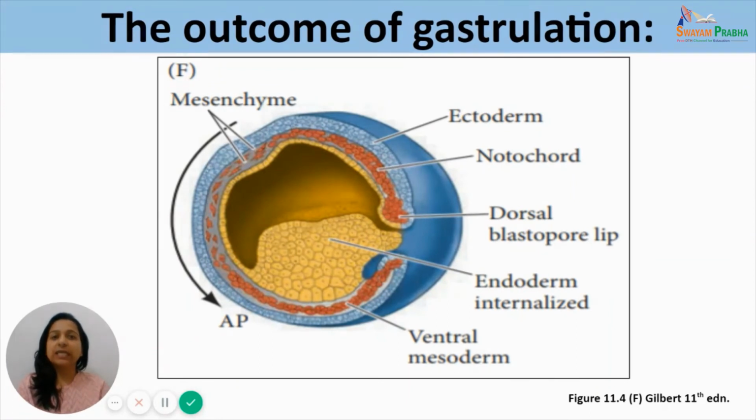So, what is the net outcome of gastrulation? After gastrulation, the endoderm comes to lie on the interior of the gastrula. Here, as we see, all of the yellow cells have come to the interior of this gastrula.